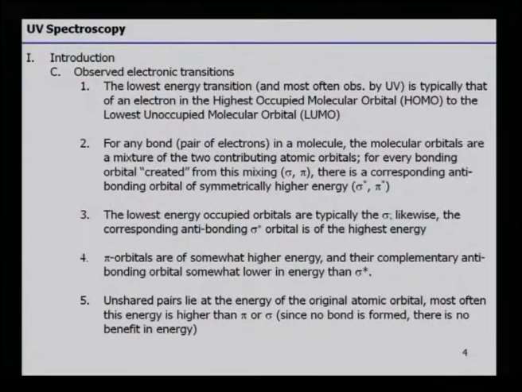Now, the observed electronic transitions. What are the observed electronic transitions in UV spectroscopy? The lowest energy transition, and the one most often observed by UV, is typically that of an electron in the highest occupied molecular orbital, the HOMO, to the lowest unoccupied molecular orbital, the LUMO.